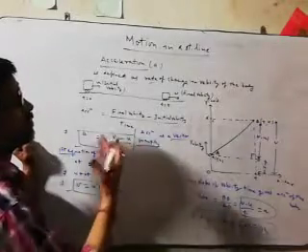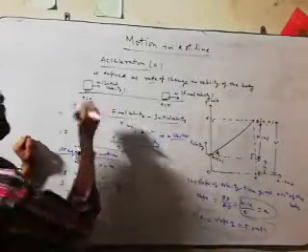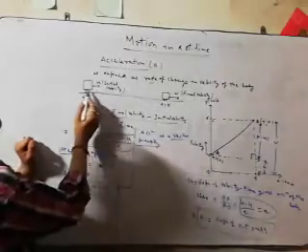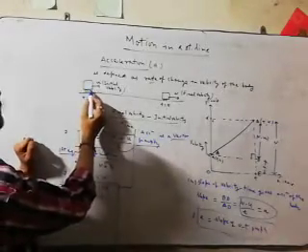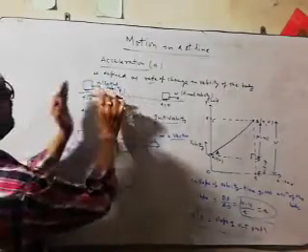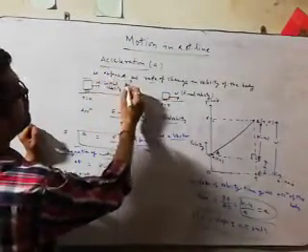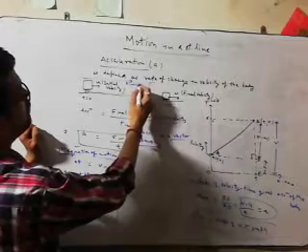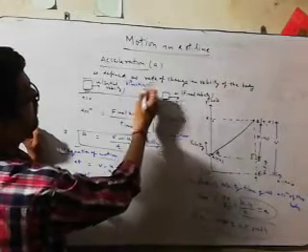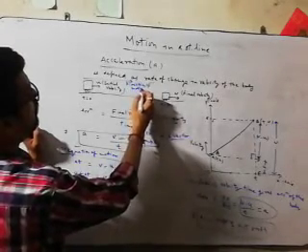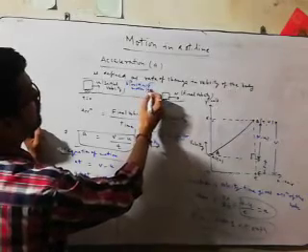When the acceleration is said to be positive, you see this case. Here the vehicle was moving from your left to right, so this direction of motion is taken positive.